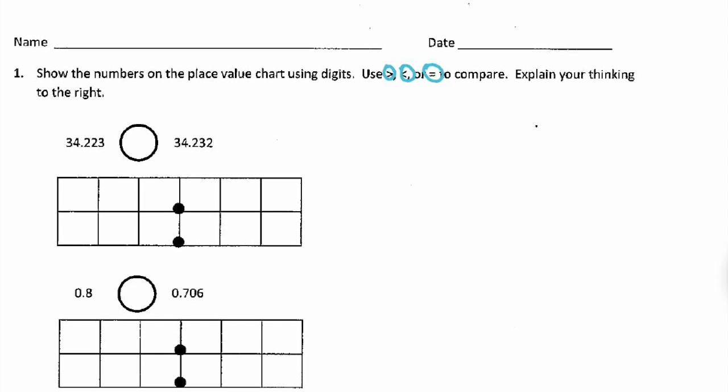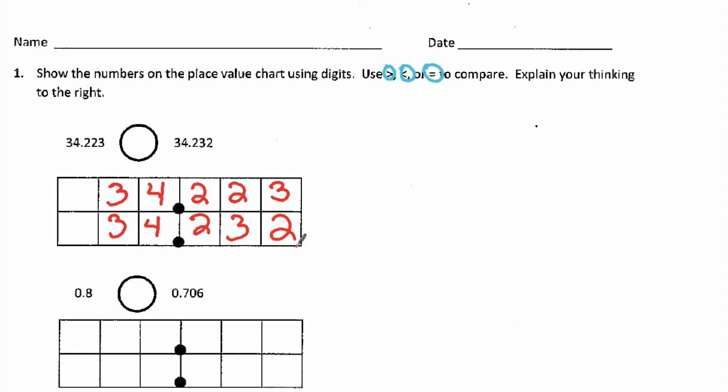Okay, so we have a place value chart on number 1. I want you to go ahead and write those numbers in the blanks. Raise your hand if you can read that top number to me. 34 and 223 thousandths.